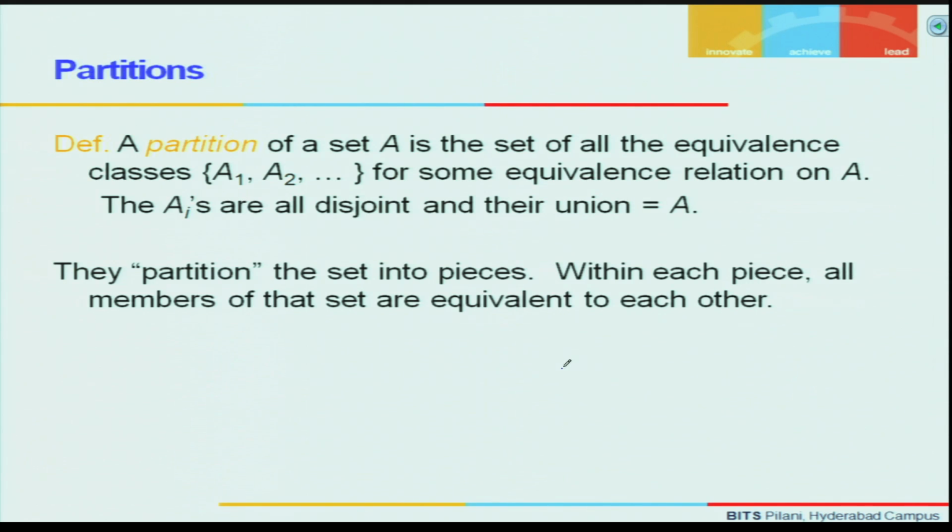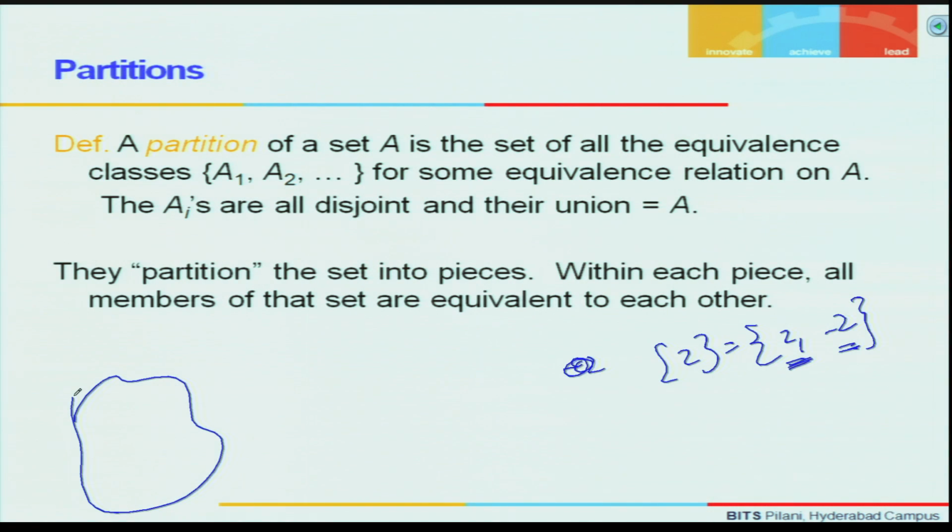When I ask what is the equivalence class of 2, it will have 2 comma minus 2. What I mean here is, these 2 elements are actually equivalent with respect to the relation that we are speaking of, the relation of having the same absolute value. So you have got a set, and the equivalence relation is able to partition your set like this.